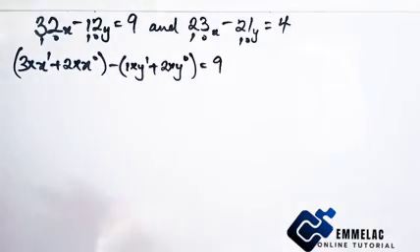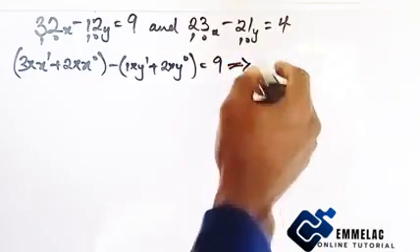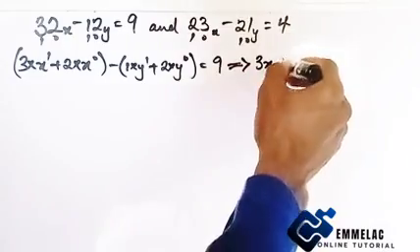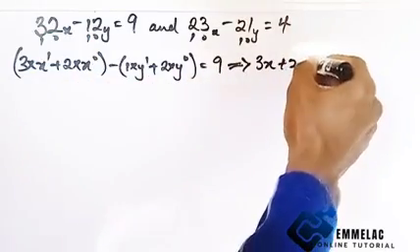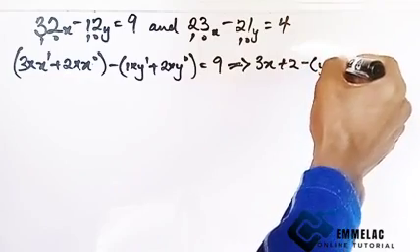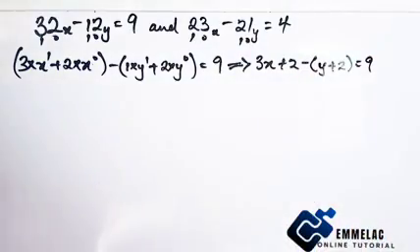All right, so here we have 3x plus 2. Take note, anything to the power of 0 is 1. Then minus into bracket 1 times y, you have y, then plus 2, all equals 9.